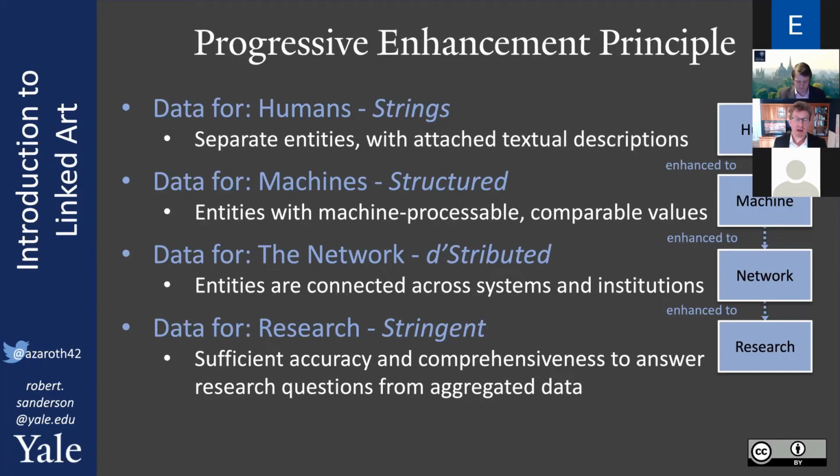We need sufficient accuracy and sufficient comprehensiveness in order to answer the research questions once we've been able to aggregate the data together from across those different systems and institutions. And as we'll see with Michael's presentation, I'm sure you can get a long way through this with not that much effort.